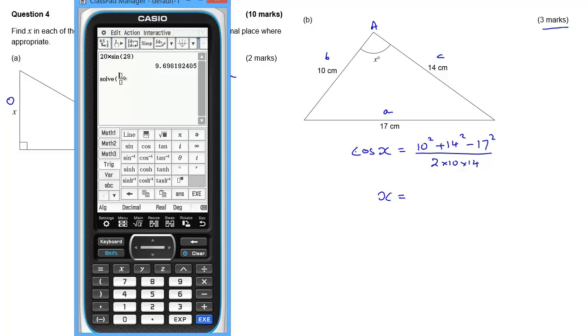Then just going to put in cos x equals, and then up here we've got 10 squared add 14 squared take away 17 squared all over 2 times 10 times 14, and we'll get lots of answers, but clearly the one we want is going to be the positive answer just here, so 88.6 degrees.